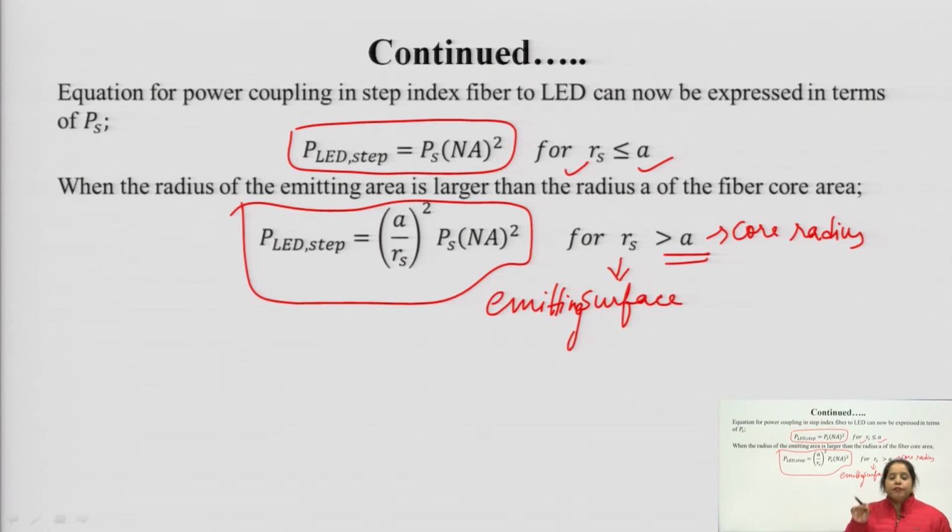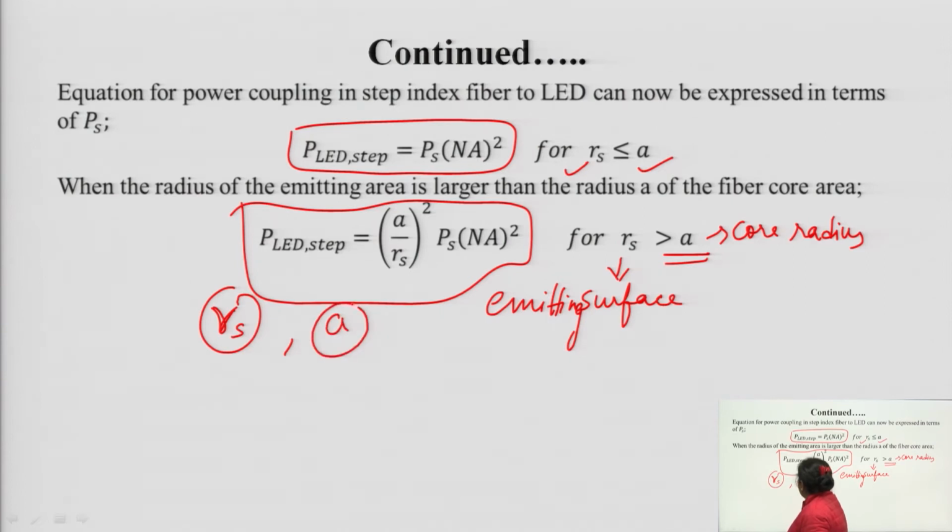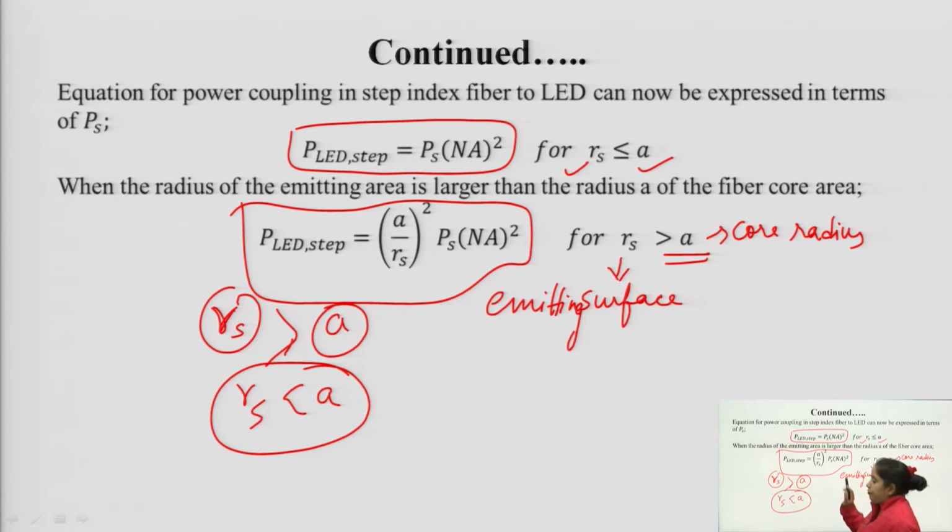So, whenever we write the equation of the power coupled from the LED to the step index fiber, first of all we have to check Rs and A. If Rs is greater than A, then the equation will be different, and when Rs is less than A, in that case the equation will be different.